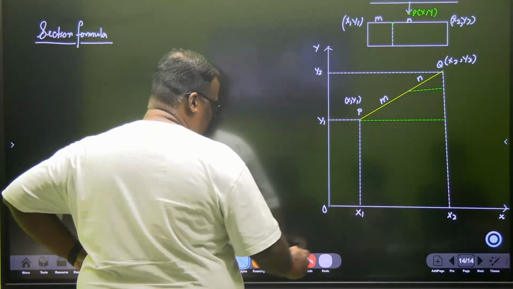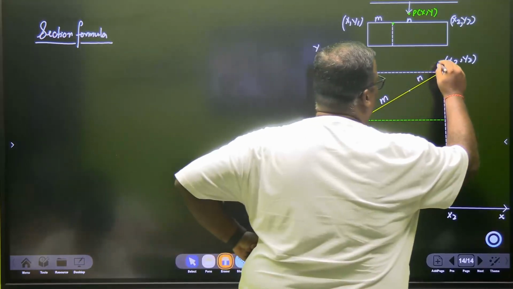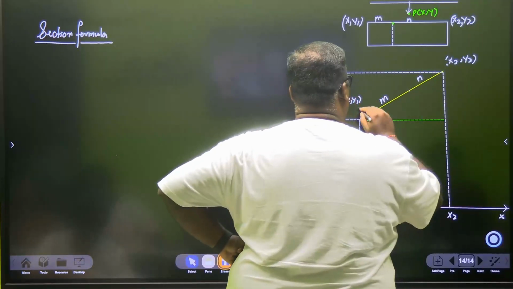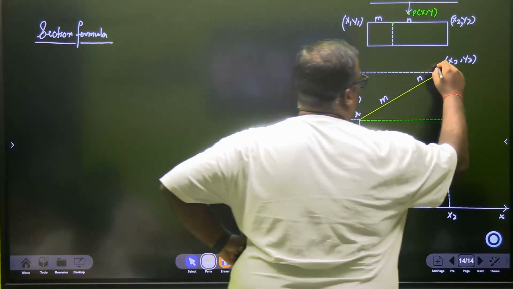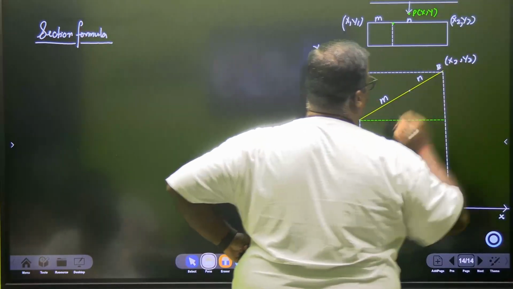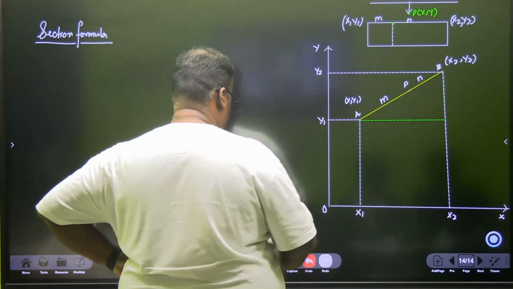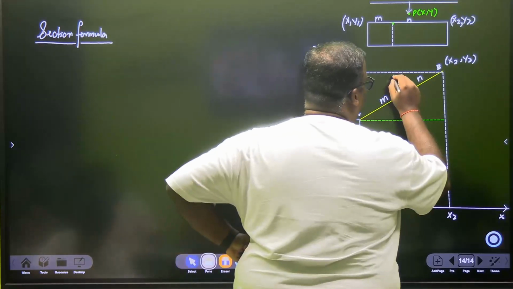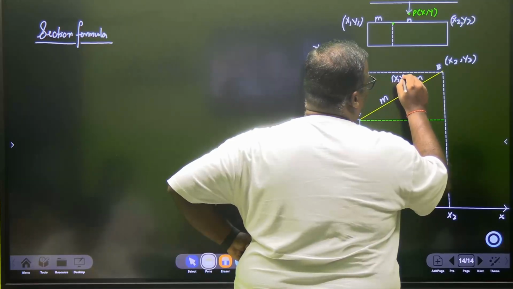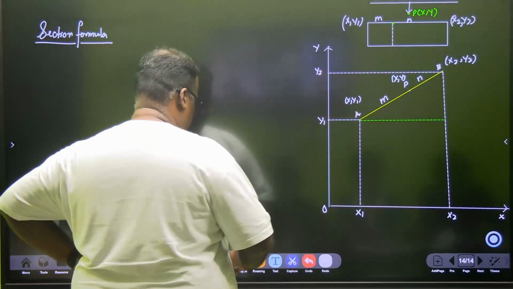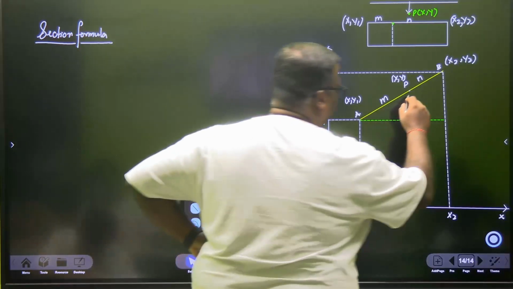Acha, in your textbook, children, can you just do one change straight away? Then it will become easy for you. Instead of writing it as P and Q, write this as AB. That will be better. Okay, AB, and let this be the point P. Let this be the point P. Okay, P is the point, and P point is my running point (x, y), and I'm doing P with a red.